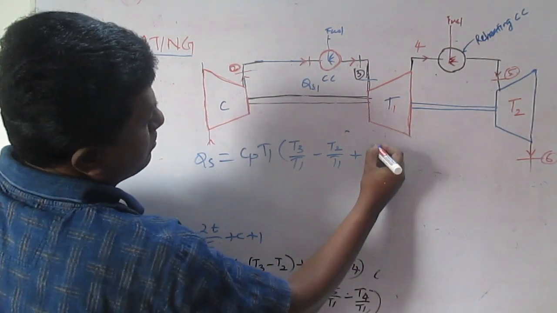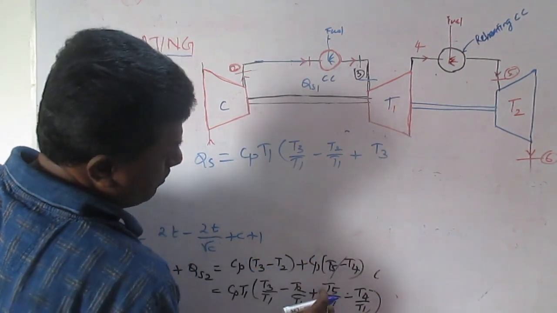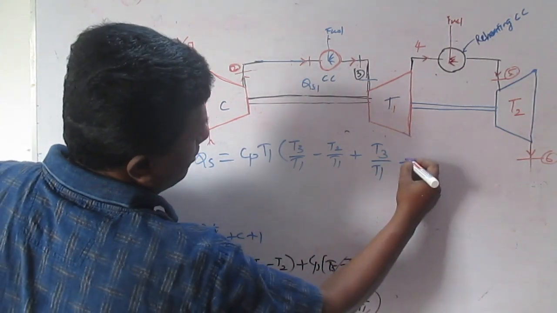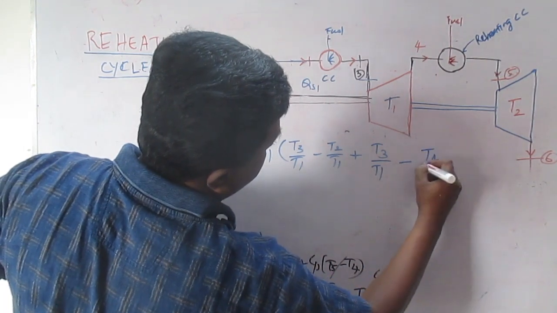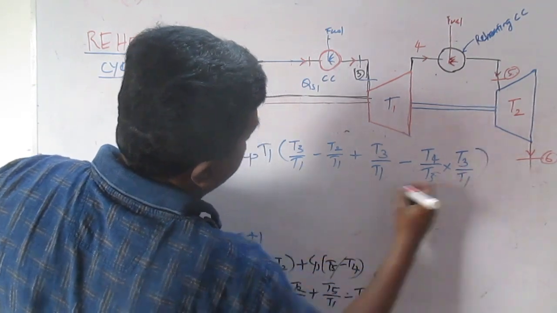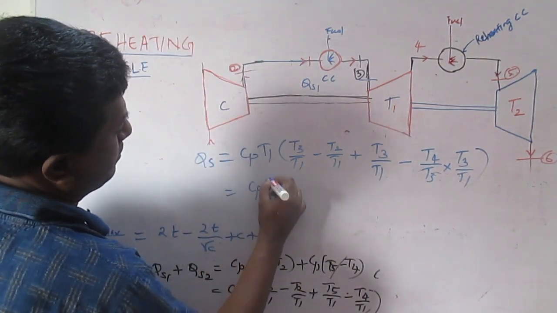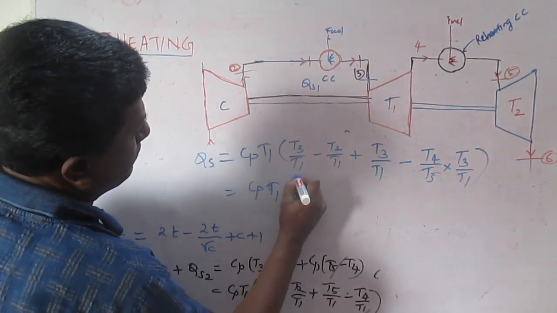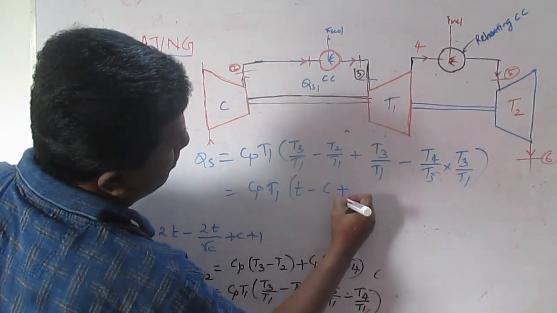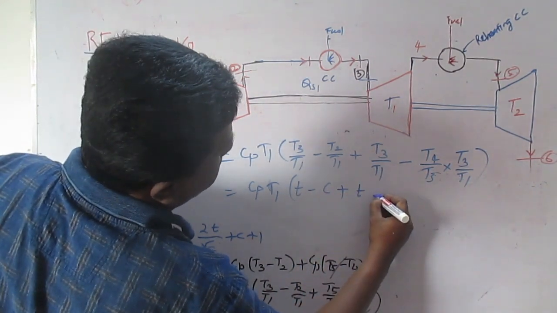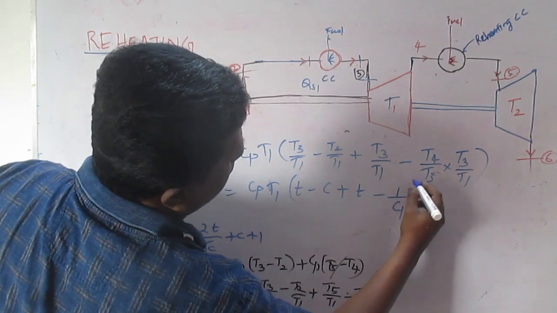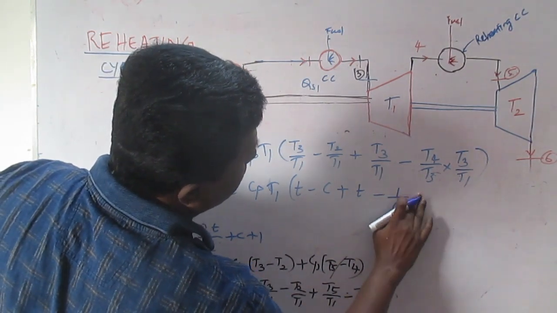For the perfect case we are getting T5 as T3 by T1 minus T4 by T3, and this one we can replace, T4 by T3 into T3 by T1. So here we can substitute this one. Cp T1 into T minus T2 by T1, nothing but C, plus T3 by T1, T, then minus T4 by T3, 1 by C1, into T.